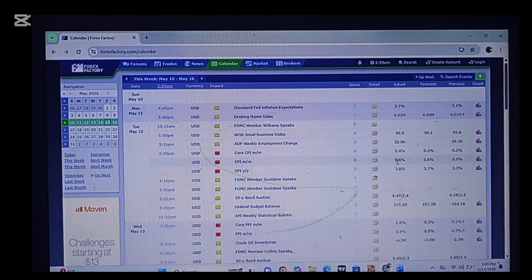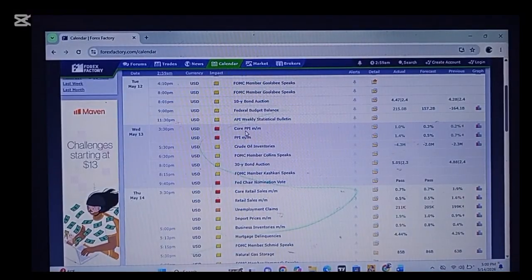The forecast and the actual was unchanged. You can see it's 0.6, 0.6. CPI year to year, there is an increase of 0.1%. So it means you're having a high inflation when it comes to consumer price index. We'll come to understand what is the meaning of consumer price index, what it measures, and if it is high, what are the consequences of that.